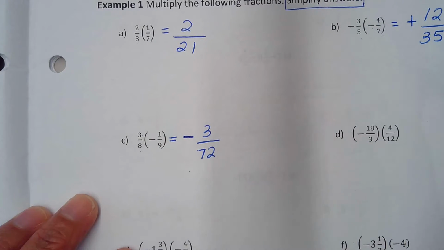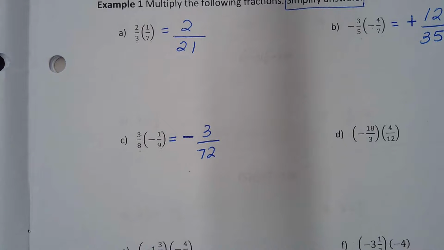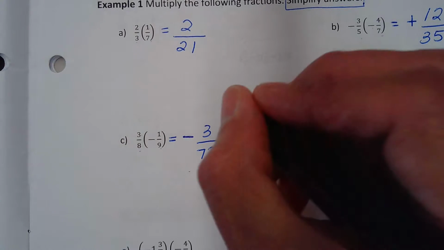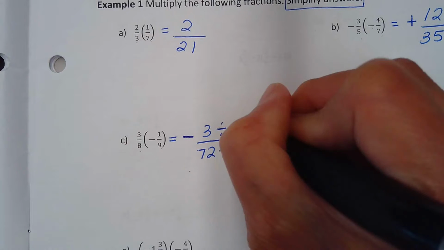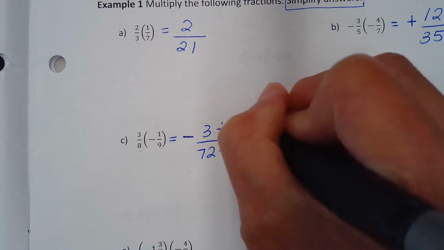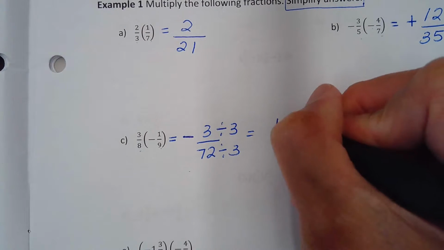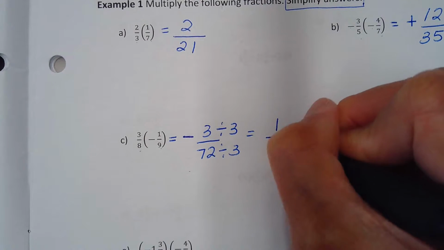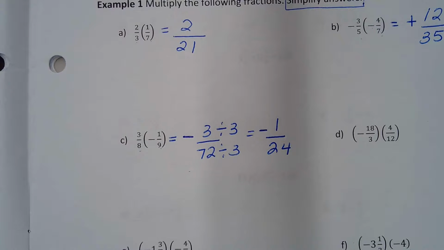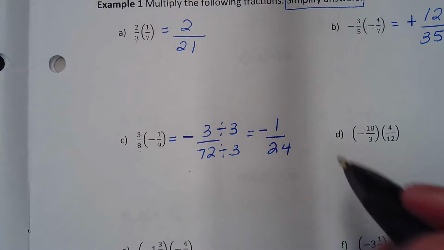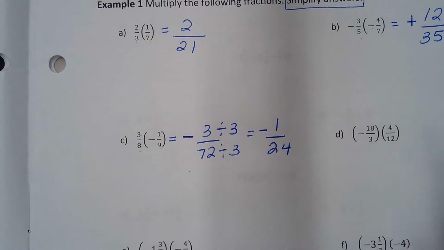Now, is there a common factor between 3 and 72? Yes? Well, what is it? 3. So that means we could divide this by 3. Divide this by 3. And we're going to get 1 over 24. Negative. I've got to put the negative there. Okay? That's one way.